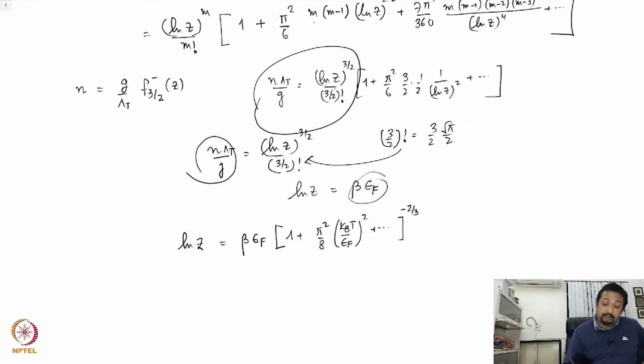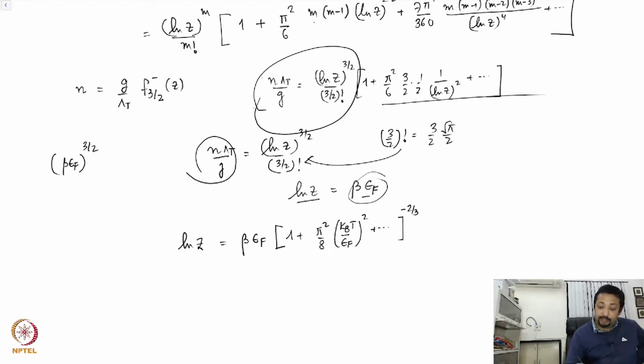Why is that? Because you see, to the leading order, I have determined that ln z is going to be beta epsilon_F, so exactly at 0 temperature, which I also get by ignoring all the other terms in the series. Once I have that, then essentially I have beta epsilon_F raised to the power 3/2.